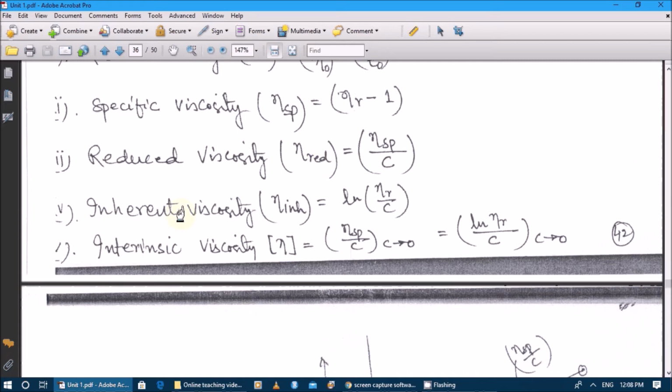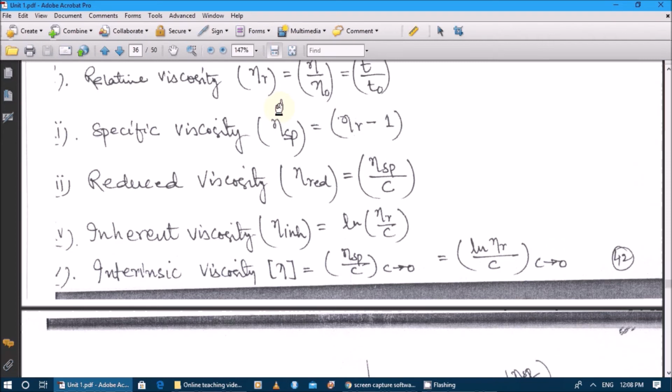Then we can calculate inherent viscosity, eta inherent, which is equal to natural log ln of eta R over C. We have already calculated eta R, the relative viscosity, and when we divide it by C and take the natural log of this, it will become the inherent viscosity. And the last one is the intrinsic viscosity, represented as eta inside the bracket.